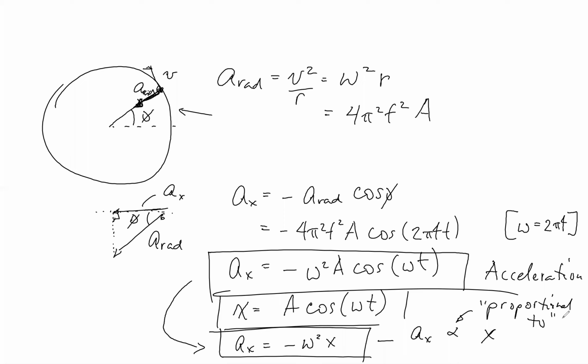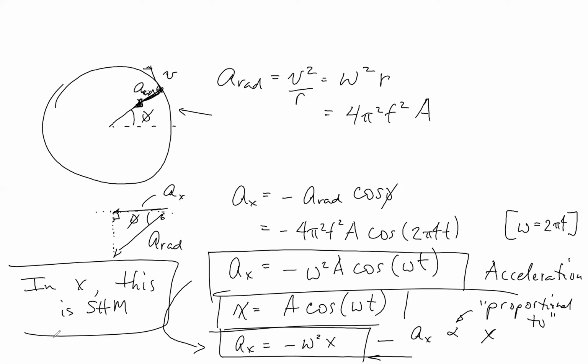Now what the book is arguing and what I'm trying to say here is that because acceleration is proportional to the displacement, that particle, when you just look at the x component of its motion on the turntable, is doing simple harmonic motion. So finally, in x, this is simple harmonic motion. And what's interesting is we got all these equations that we didn't have before.